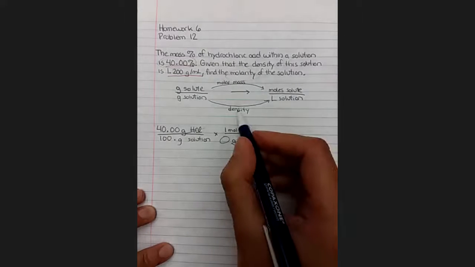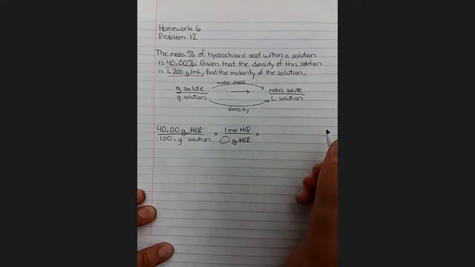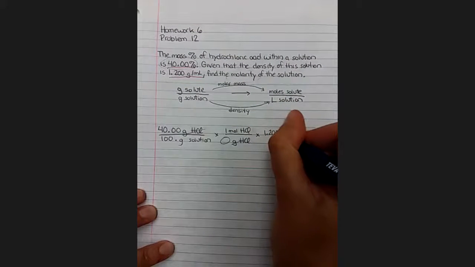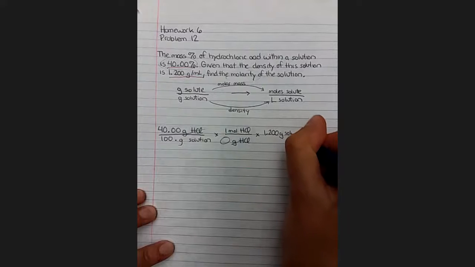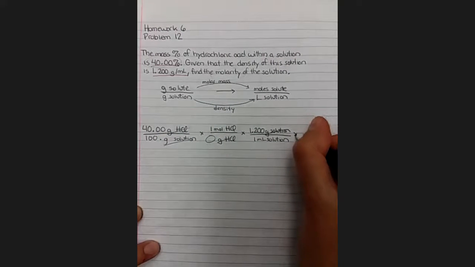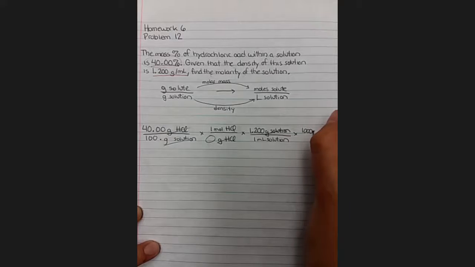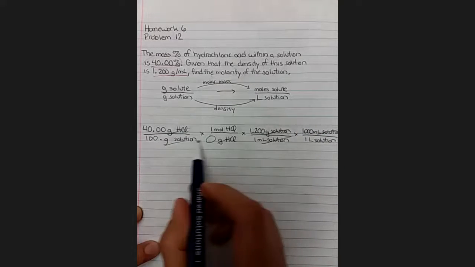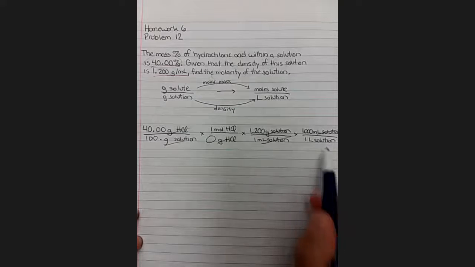And then for our denominator, we need to convert from grams to liters of solution using the density. So our density was given 1.200 grams of solution per 1 milliliter of solution. And then we want our final unit to be in liters instead of milliliters. Okay, so we have moles over liters.